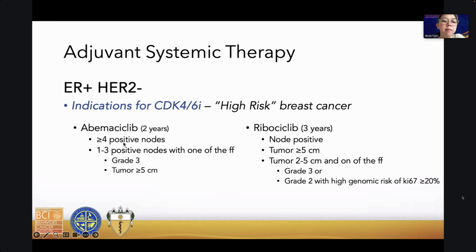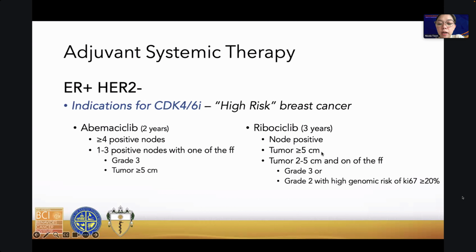So for abemaciclib, based on their study, greater than or equal to 4 positive nodes or 1 to 3 positive nodes, which is with either of the following: grade 3 or larger tumor size. For ribociclib, any node positive was actually already indicated.